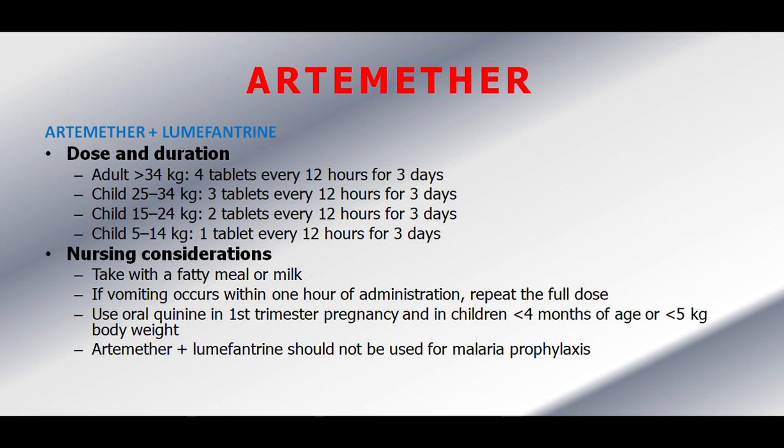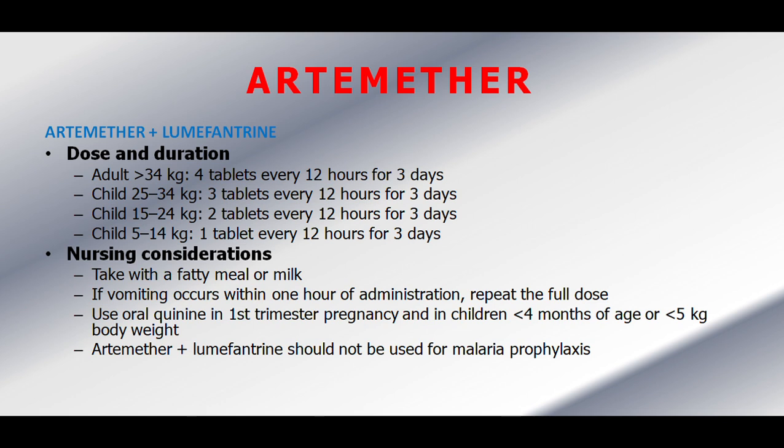For a child between 5 to 14 kgs, you give 1 tablet BD for 3 days. Below 5 kgs, you don't give artemether and lumefantrine. Their preferred treatment is quinine.